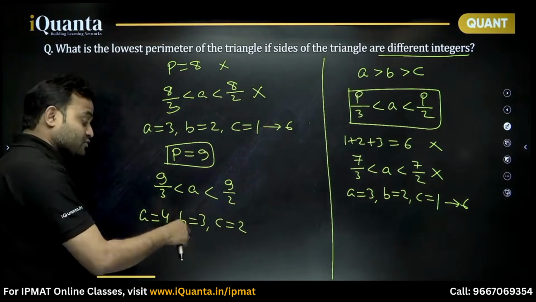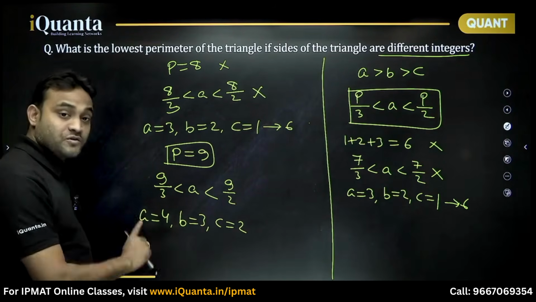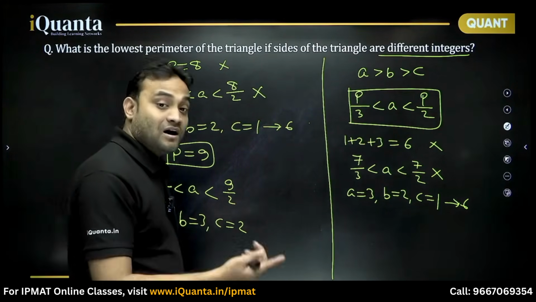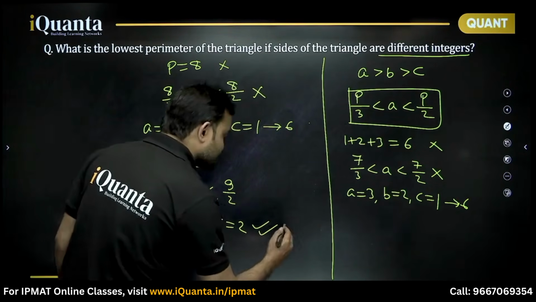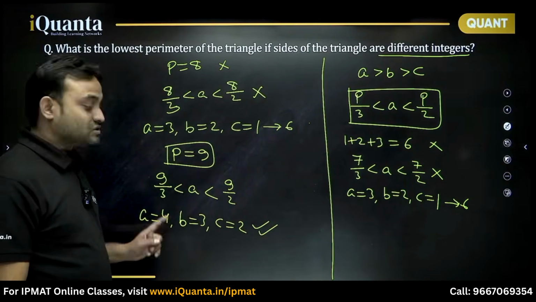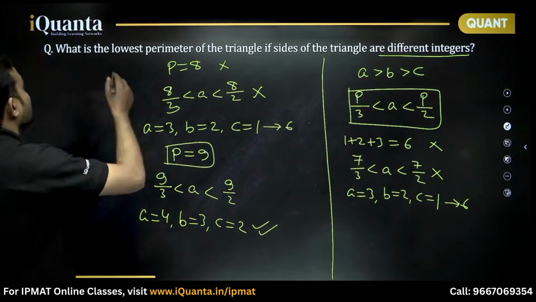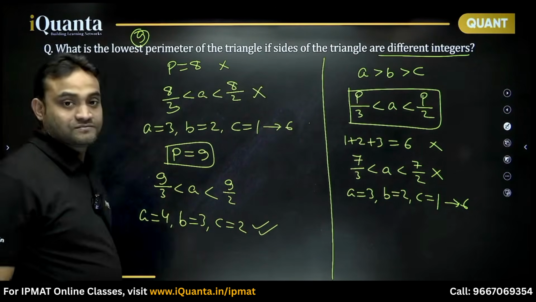The sum of any two sides is greater than the third. The absolute difference between any two sides is less than the third. So all the properties of triangles are satisfied here, right? So that is our answer. What is our answer? Lowest perimeter. So our answer is 9 units.